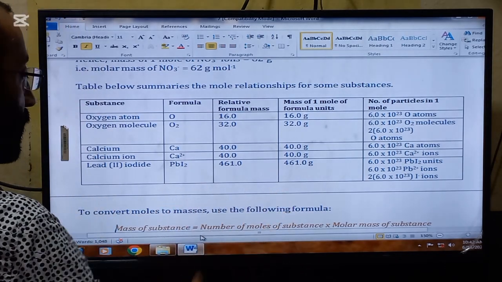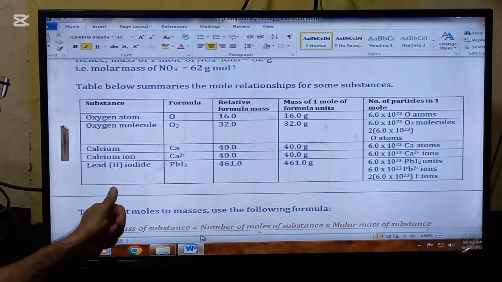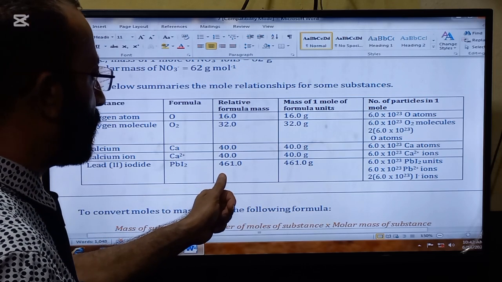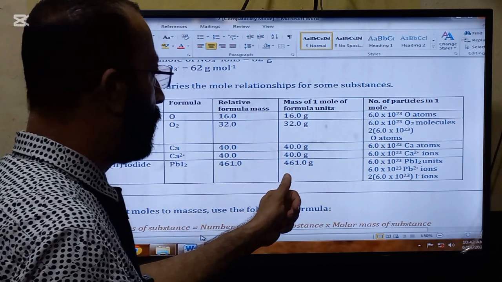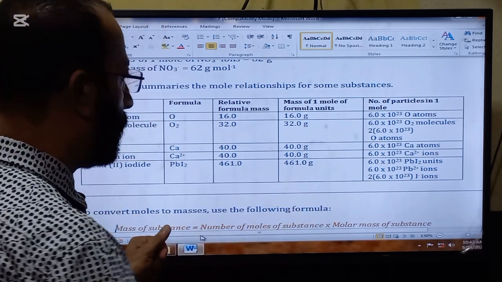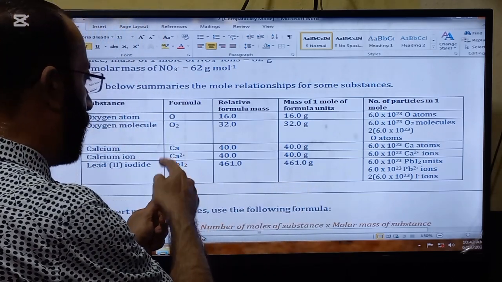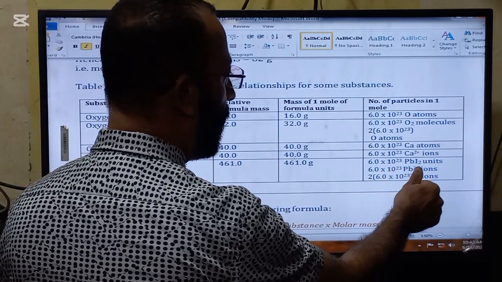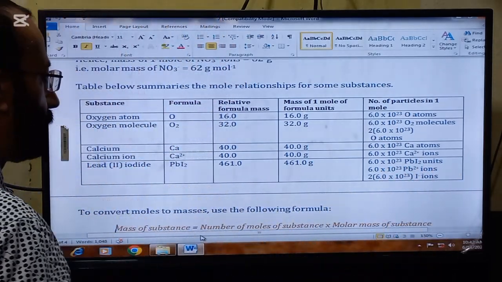This thing is important. Concentrate now. Lead iodide, formula is PbI2. Relative formula mass is 461. Mass of 1 mole of the formula unit is 461 grams. Now look, because this is one formula unit, 6 multiplied by 10 raised to the power 23 PbI2 units are there.